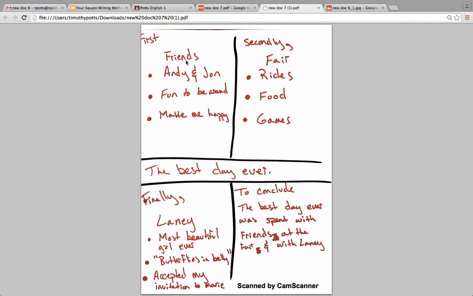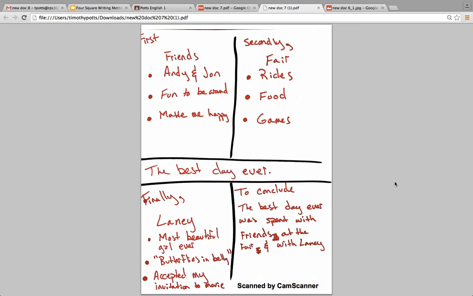You can see that he had his friends Andy and John. They went to the fair. That kind of tells me about the setting. And then right here, you can see the details about his crush, Lainey. So this way, you just list the 3 significant things, and then you go into detail about it.